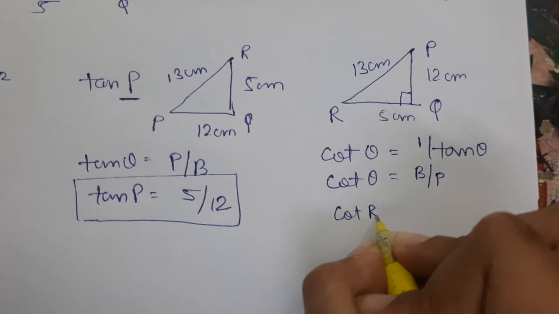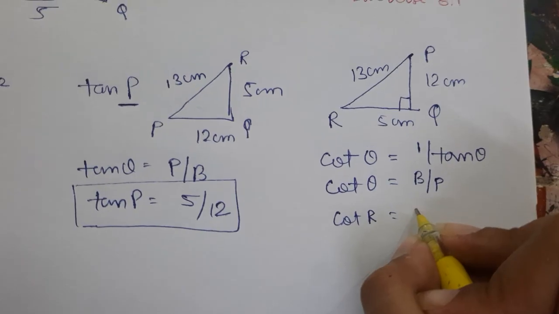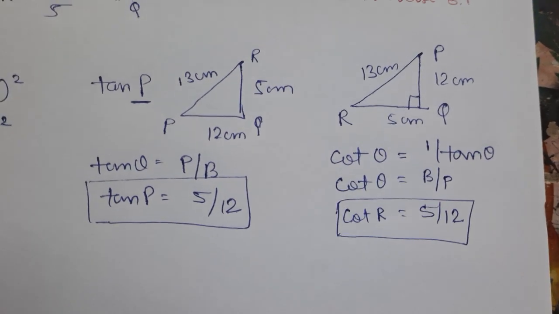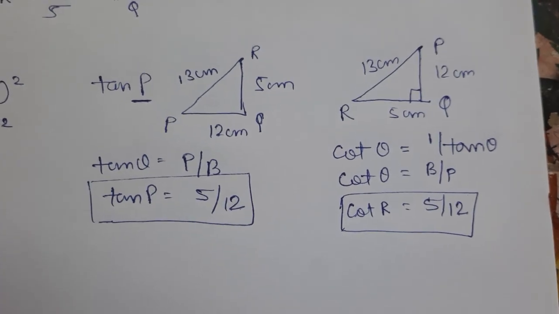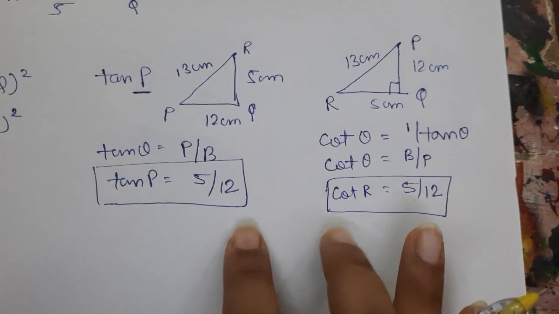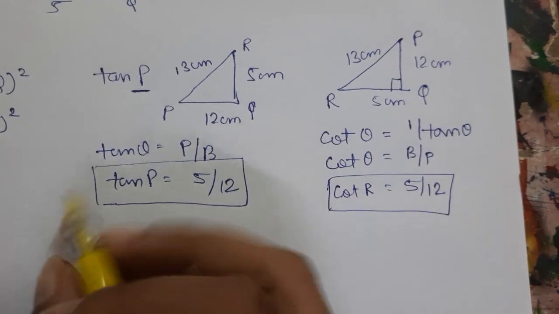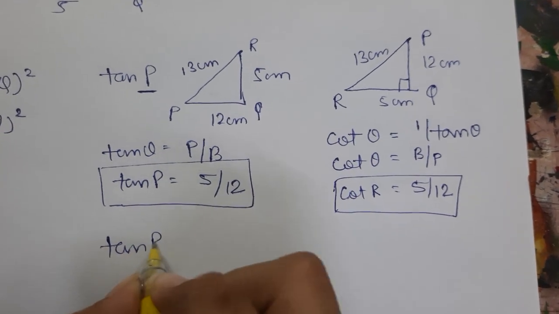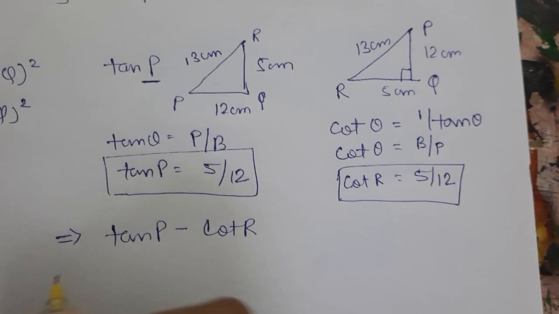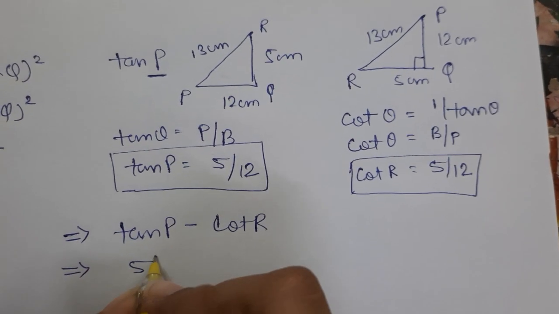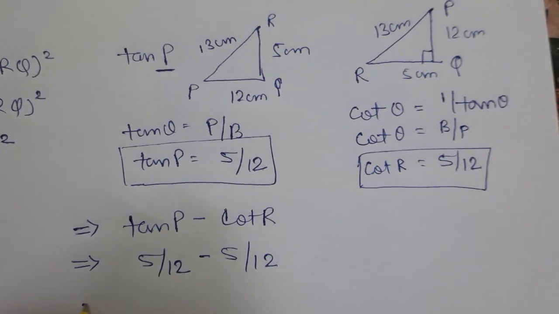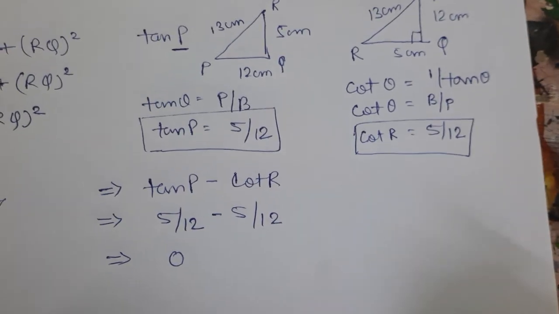For cot r it is 5 by 12. Now we need to calculate the subtraction of these two numbers, and we can easily see the subtraction will be 0, as tan p minus cot r, tan p is 5 by 12 subtracted by again 5 by 12, will get the answer as 0.